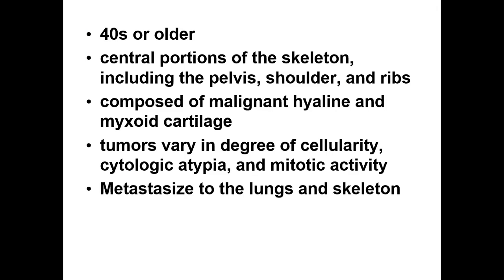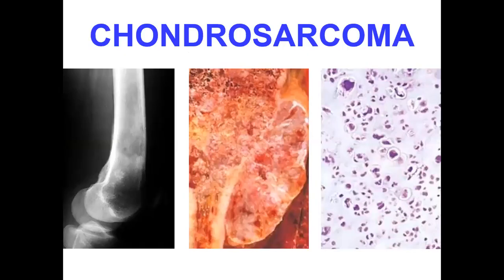They metastasize to the lungs and skeleton bones. This is chondrosarcoma. This is the X-rays. This is the gross appearance: fleshy mass with areas of hemorrhage and necrosis. And this is the microscopy.